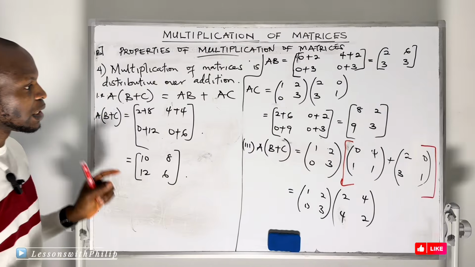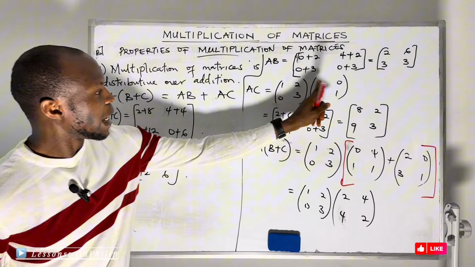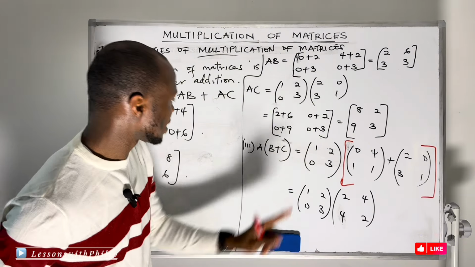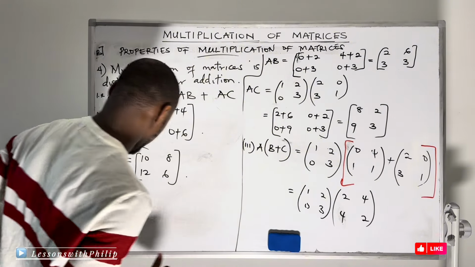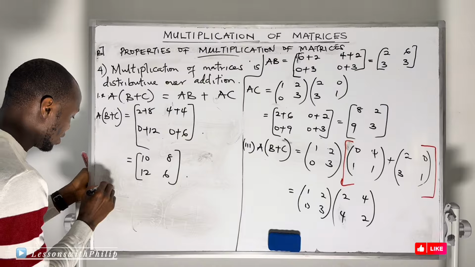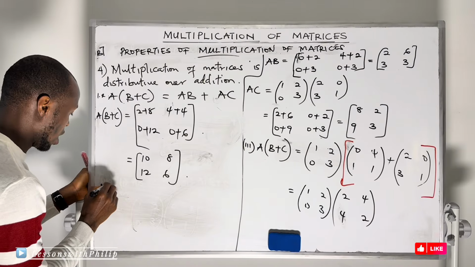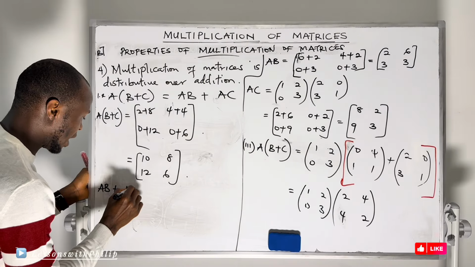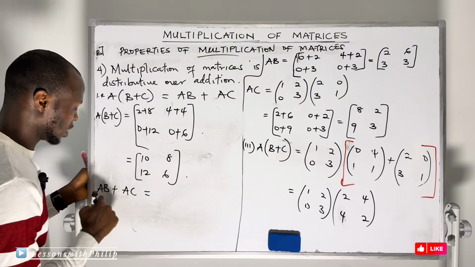Okay? Now, let me confirm by checking my AB and my AC. We're now asked to find AB plus my AC. What is my AB?